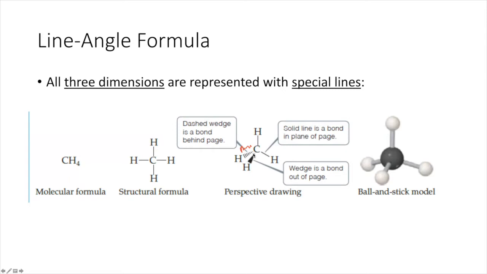And if you see a solid wedge or a bold line, then that means the bond is coming out of the page, out of the screen, toward you. And if the lines are just normal looking lines, that just means that the screen or the page contains those bonds. So you do see line angle drawings with 3 dimensions shown with the use of these dashed lines and the bold or wedge lines.